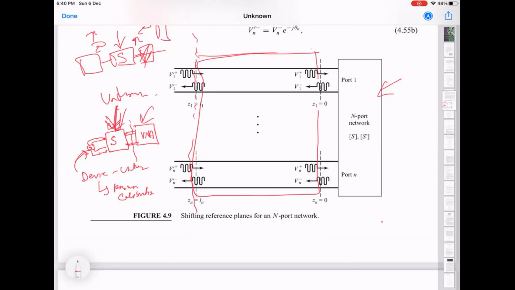Now, again, in practice, because this unknown object in the middle is typically a simple object, and by simple I mean a cable with a little bit of loss and maybe some small reflection, it doesn't change the overall properties of what you're measuring dramatically. So it really depends on how accurately you want to measure whether you would care about calibration.